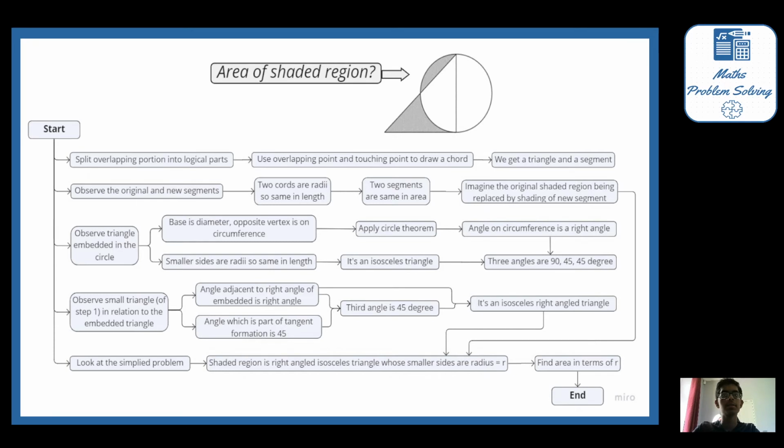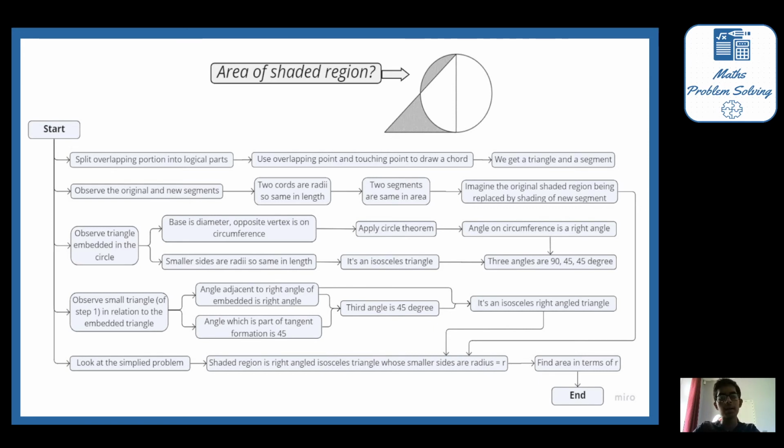We split this larger right angle isosceles triangle into two segments, and then we drew relationships between these, and we identified that this segment in the top left corner could just be shifted downwards and produce one smaller isosceles right angle triangle.